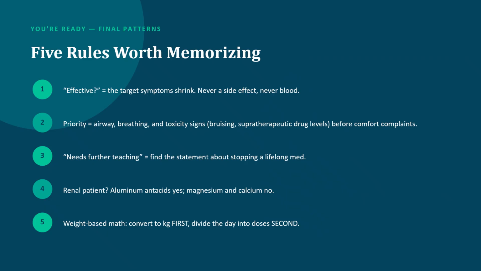So 5 things just to kind of memorize. One, a medication is effective when the symptoms it targets decrease. Effectiveness is not indicated by a side effect, and it is never indicated by bleeding. 2, priority goes to airway, breathing, and signs of toxicity before comfort complaints. 3, when a question asks which statement indicates a need for further teaching, look for the statement about discontinuing a lifelong medication. 4, for renal patients, aluminum-based antacids are appropriate.